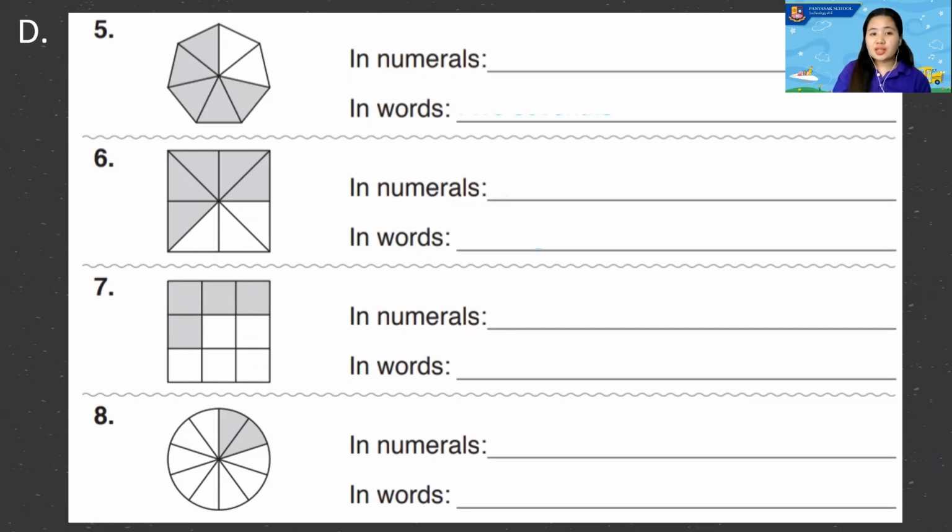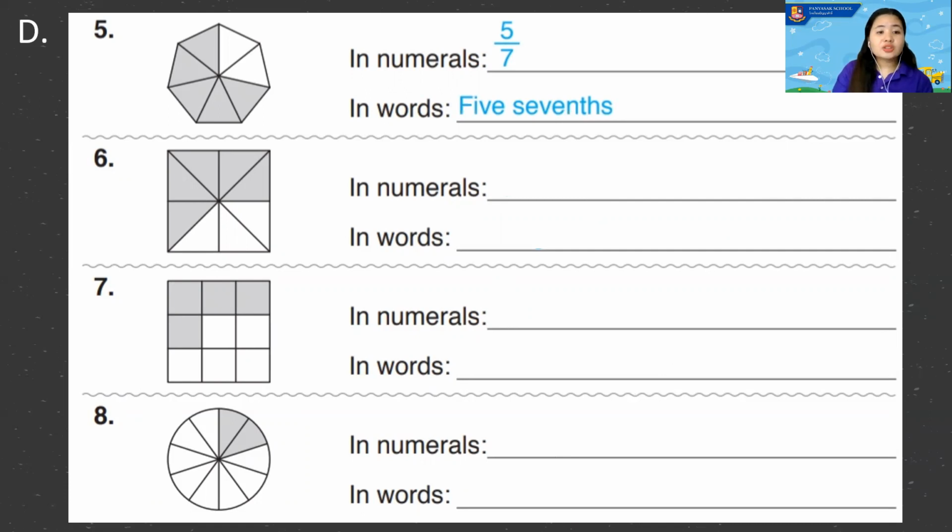How about the denominator? 1, 2, 3, 4, 5, 6, 7. So the answer for number 5 is 5/7. In words, you write five sevenths with THS. Okay, good job.